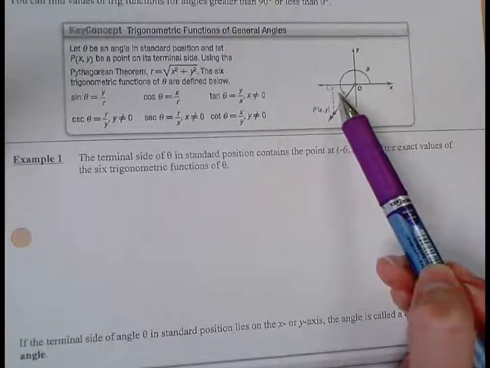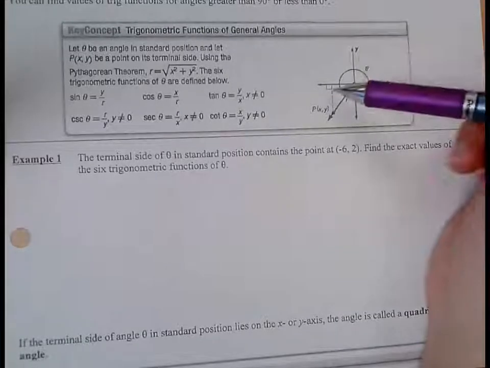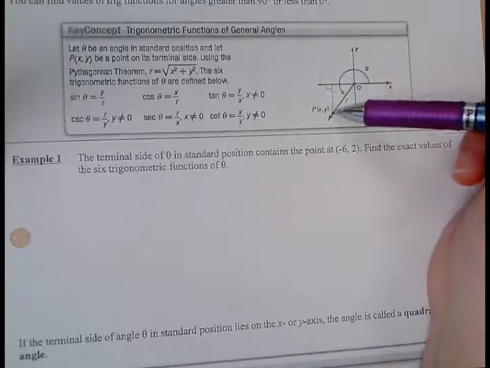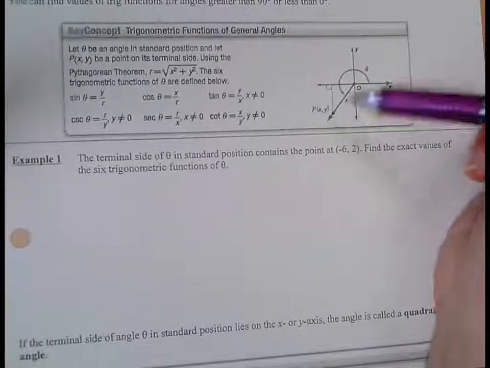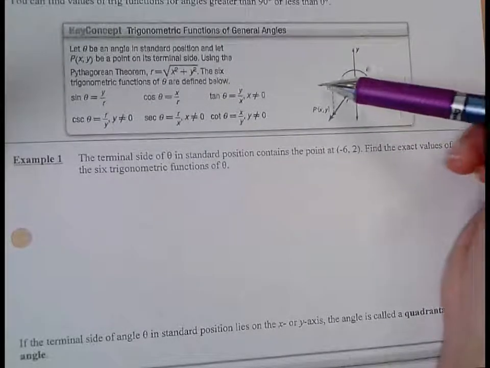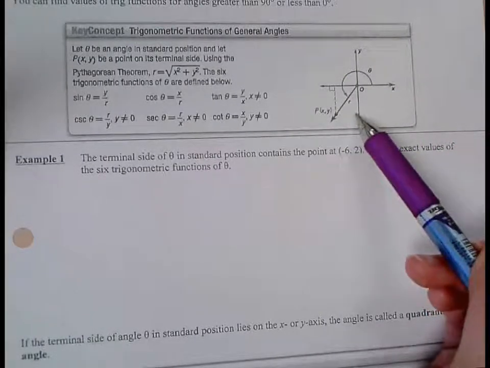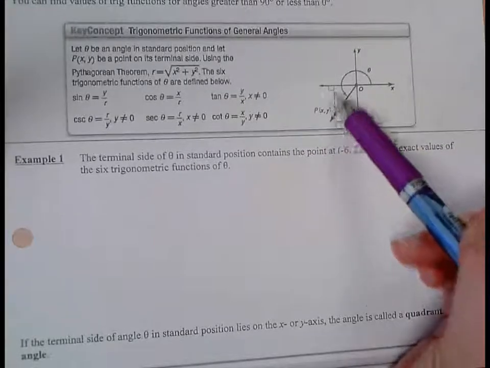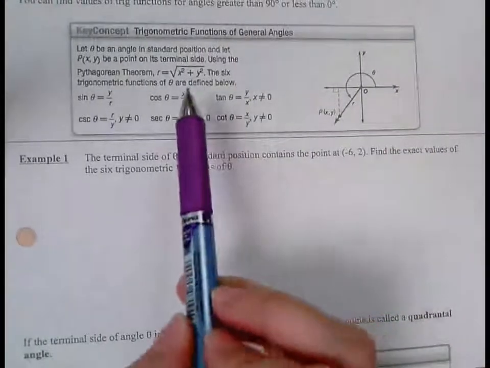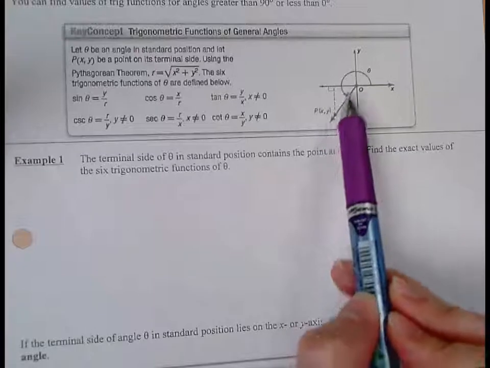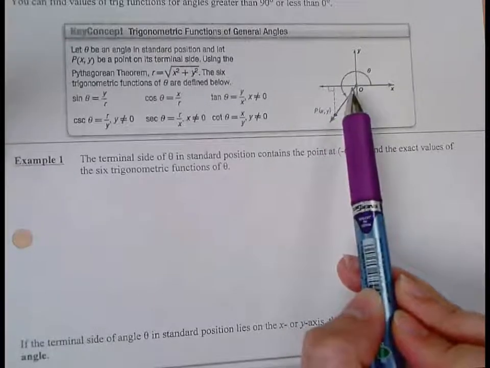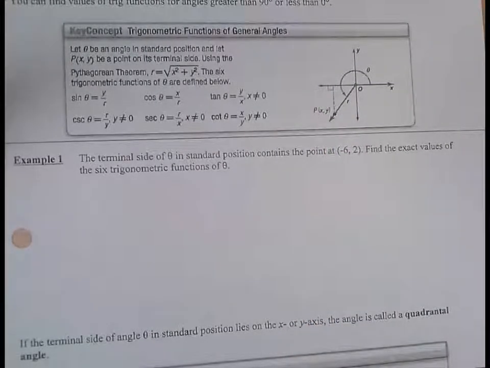Then you can draw in the vertical side of a right triangle, and that vertical side should always be drawn from the point to the x-axis, wherever that would be. So you're never drawing a right triangle to the y-axis. It should always be to the x-axis. And as long as I have a right triangle, I can find the values of the 6 trig functions of that right triangle.